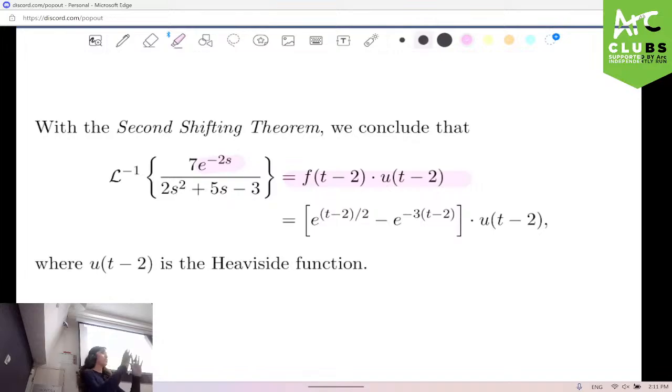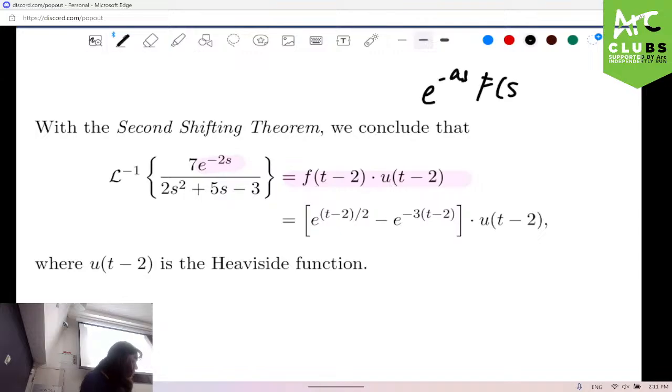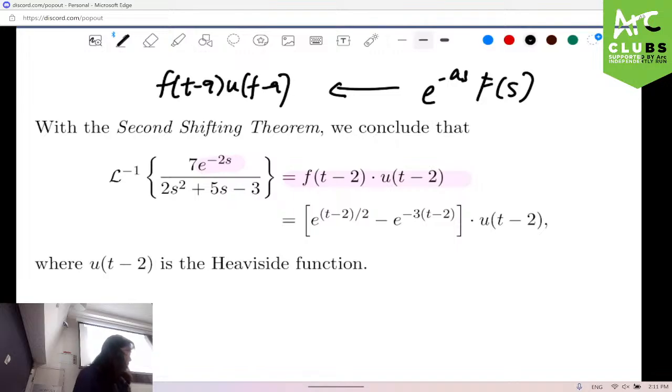So like when we look into the Laplace second shifting theorem in the table, I'm just going to write it out. It's e to the minus as times F(s), so it looks a lot like that, and that will become f(t minus a) times u(t minus a), the Heaviside function. So whatever is a t, we have a t in our inverse Laplace that we found for 7 over 2s squared plus 5s minus 3.